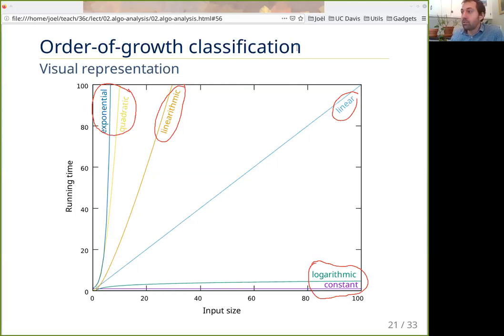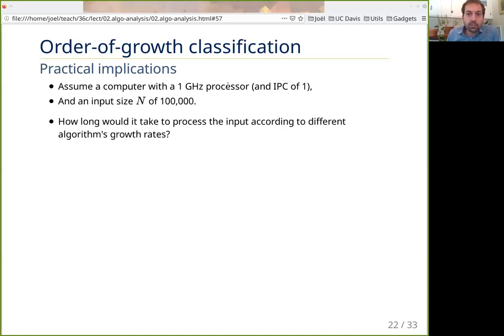And finally, to even give you a better example of what it truly means, let's run a quick example. Let's assume that we have a computer with a processor that runs at 1 gigahertz, so fairly fast. And let's assume that this processor can execute one instruction per cycle.